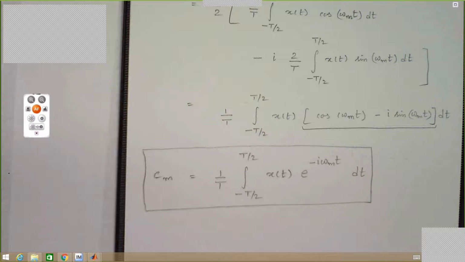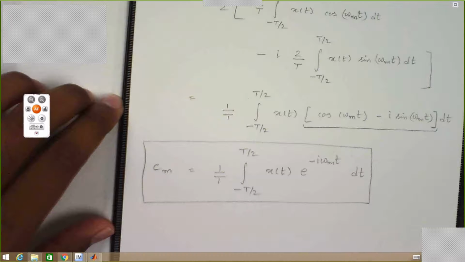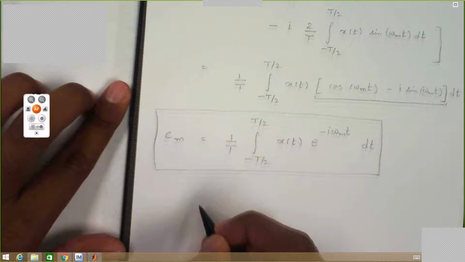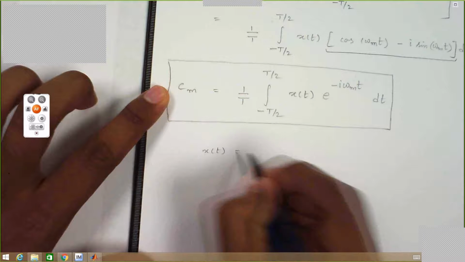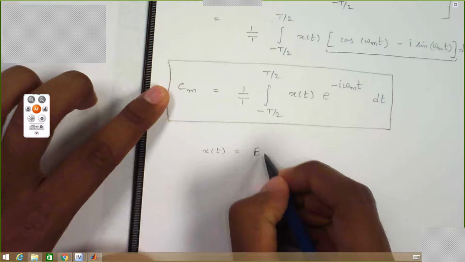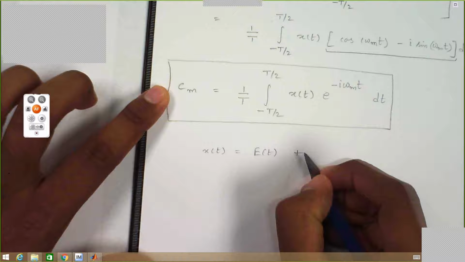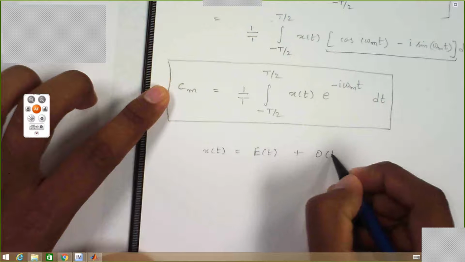Computational effort on some of these integrals can be minimized if we are able to express our original function x of t in terms of an even or an odd function, and it's always possible to express any signal x of t as a sum of an even function e of t plus an odd function o of t.